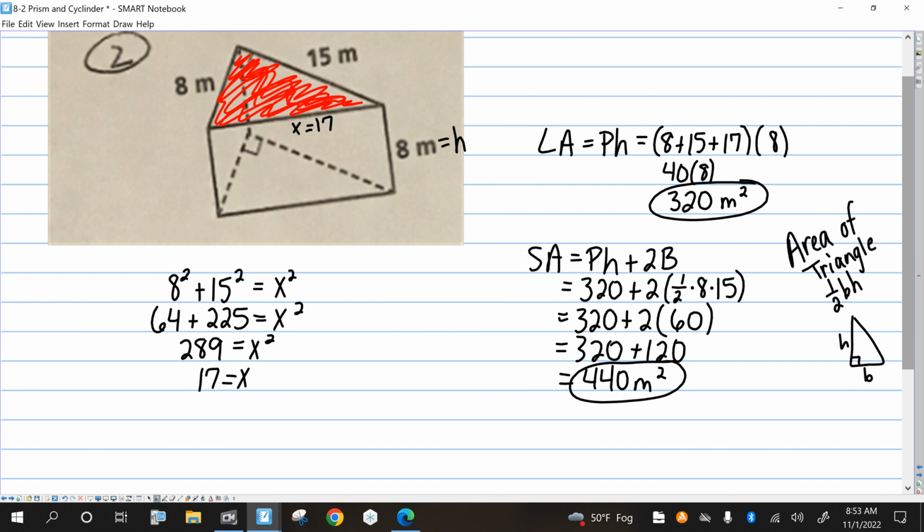So the last thing we need to find is our volume. Volume is capital B times H. Well, we already know capital B, right? We found it right here. Capital B was 60 times the height of our prism, which is 8.